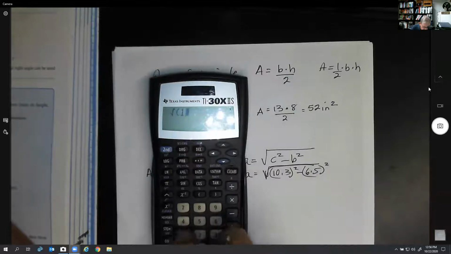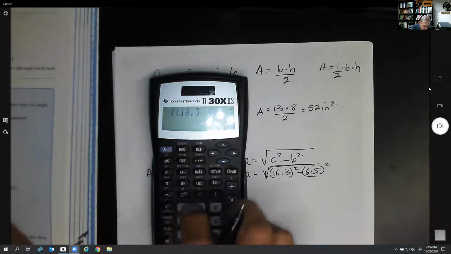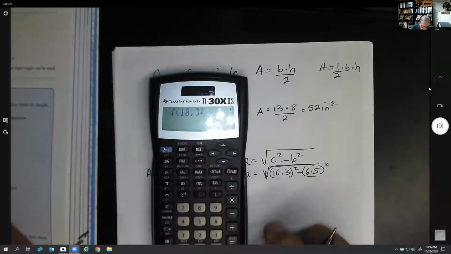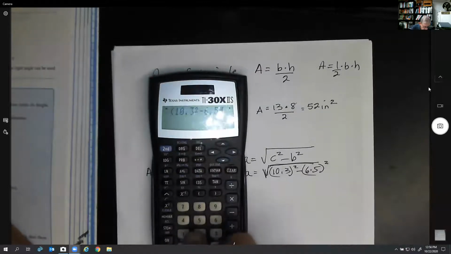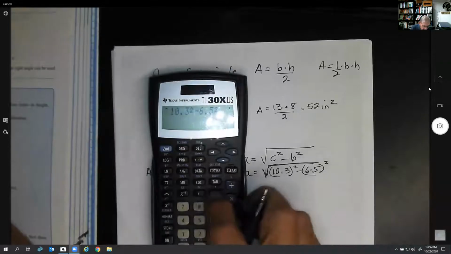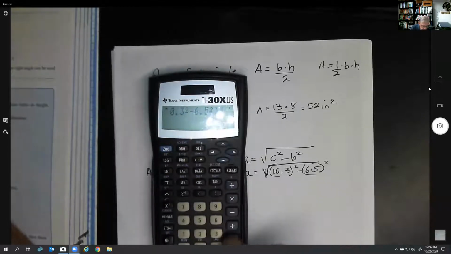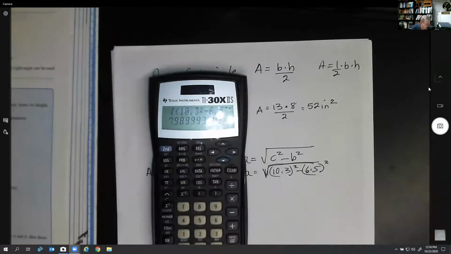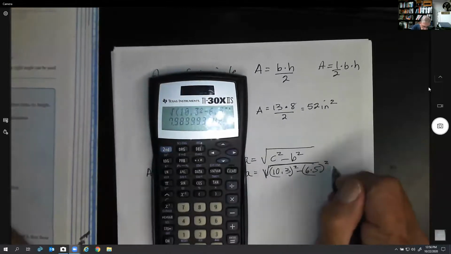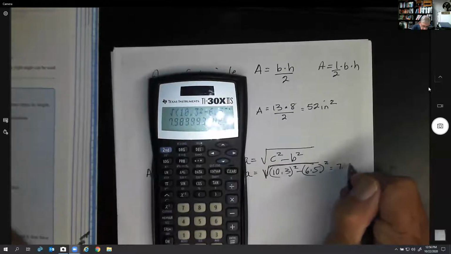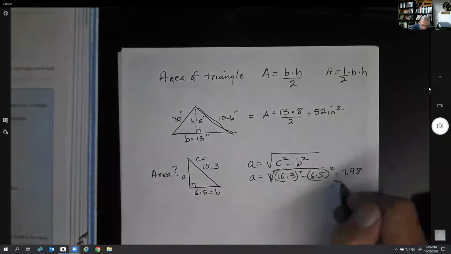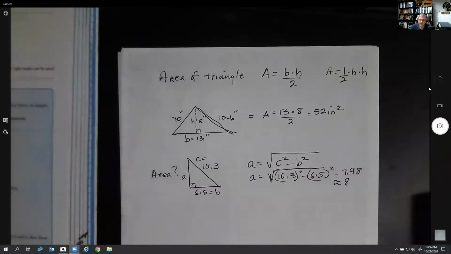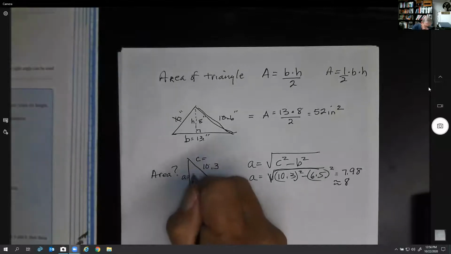So let's just go 10.3, and then I'm going to hit my x squared key, squared, minus 6.5 squared. And then I'm going to put my parentheses to kind of end it. 7.98. Well, if we round that off, that would be approximately 8. So let's call A 8, just to make it easier.